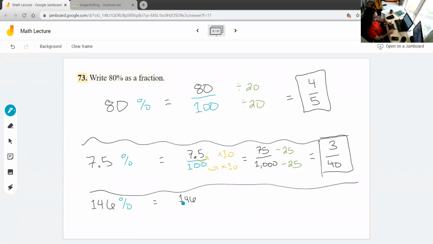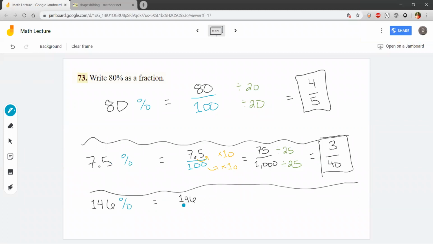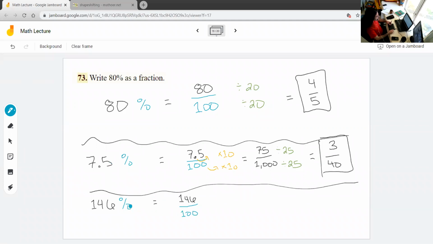Sorry, I can't hear you. 146 over 100? Yeah, put it over 100 because that's what the percent symbol always gets replaced by. So then I reduce. And we get what?